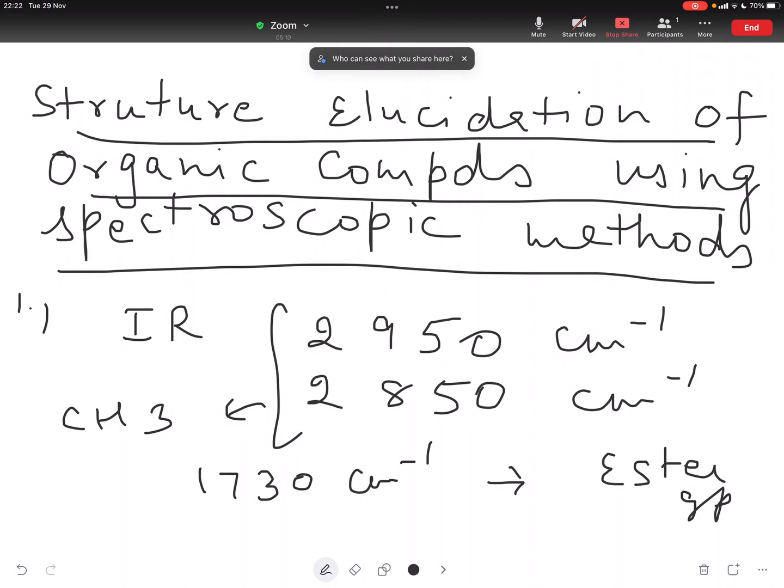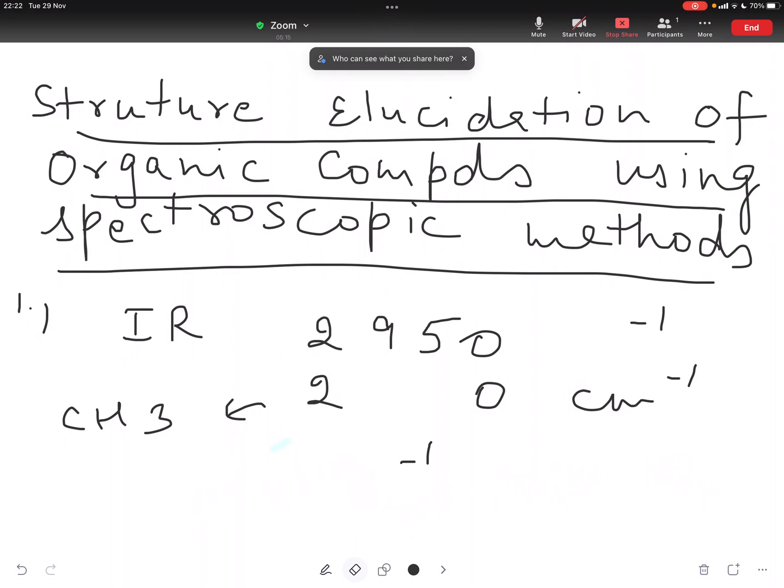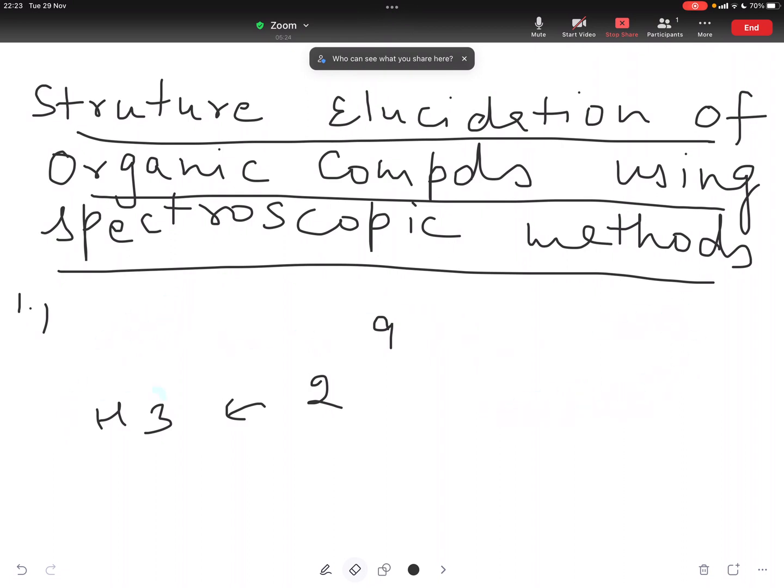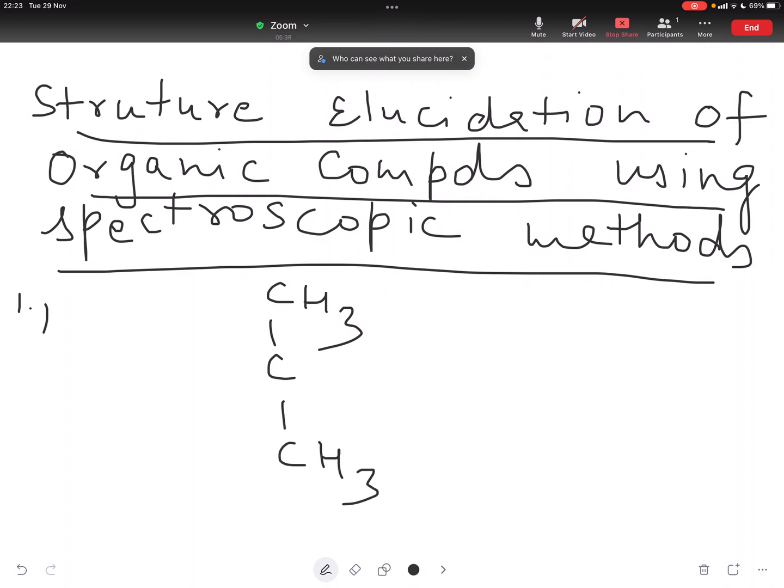If we see the NMR, the singlet at delta 1.20, which is equivalent to 9 protons, indicates that the 9 protons are in the same environment because they are giving a singlet. So that means a tertiary butyl group is there.